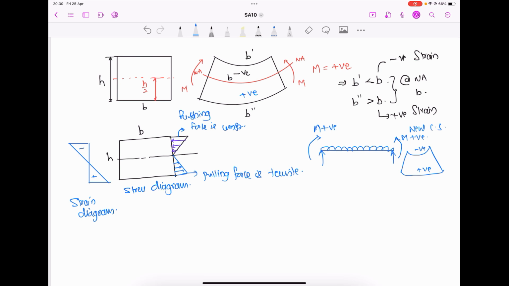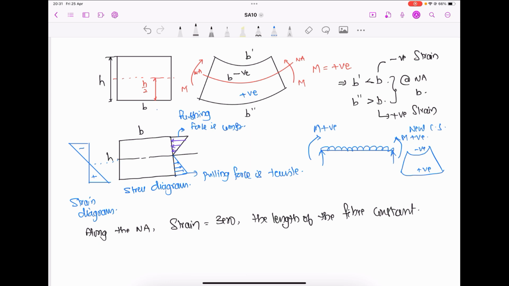That means along the neutral axis, the first point is along the neutral axis, strain is equal to 0. The length of the fiber is constant.